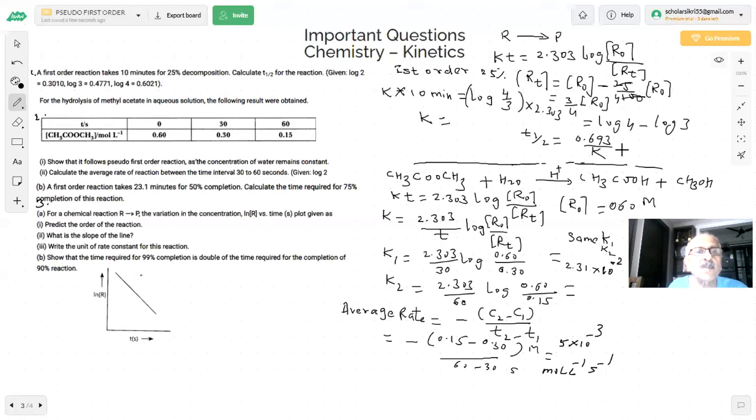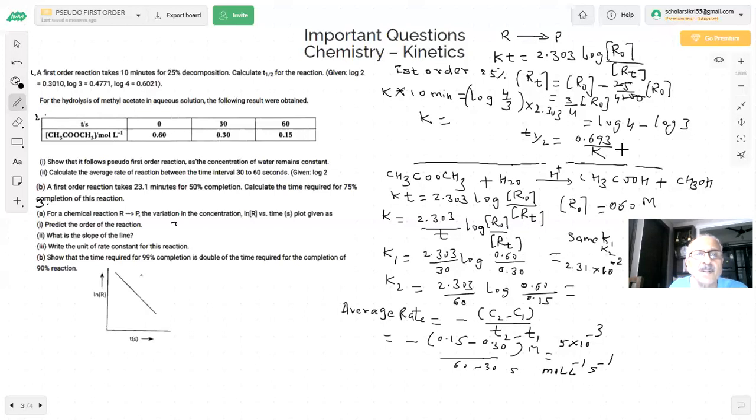First question, this much. This graph is between ln of R versus time. So you already know what type of reaction this is. What is our answer for this? What is the order of the reaction? In this case, there are zero order and first order.